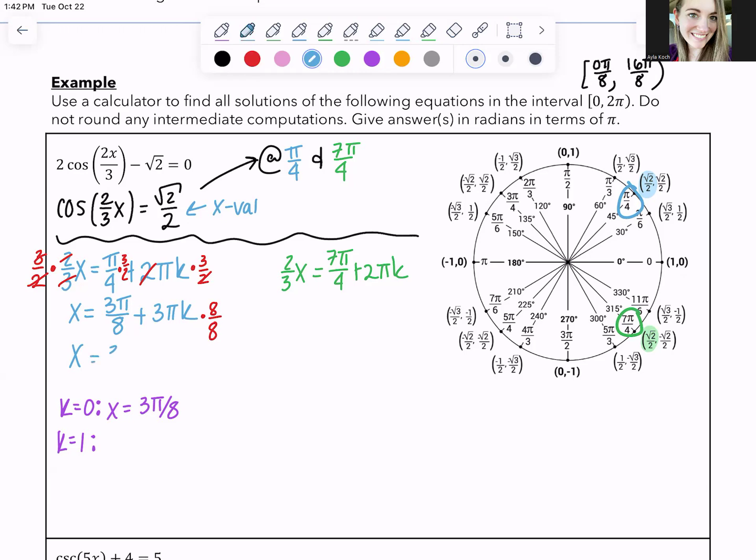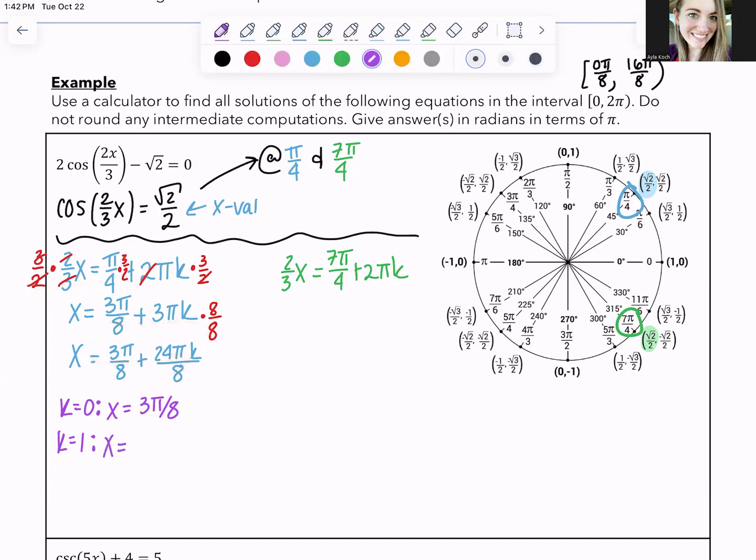I get x is equal to 3 pi over 8 plus 24 pi k divided by 8. This is just helpful here because if I have to add these fractions together, I could use a calculator. You're always welcome to use a calculator. But if I have to add them together, it's useful for them to have the same denominator because the math is a lot faster that way.